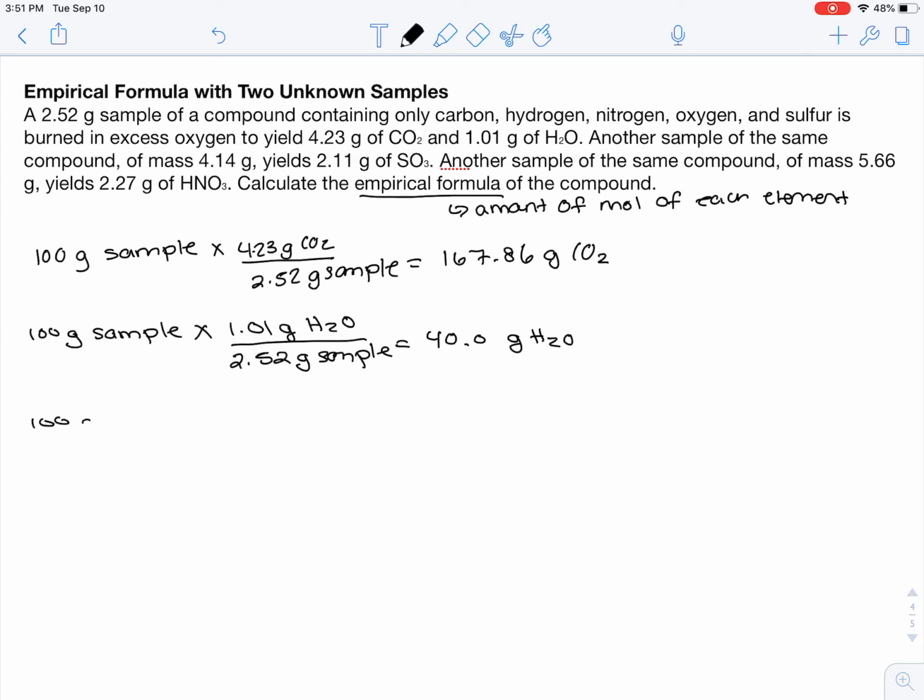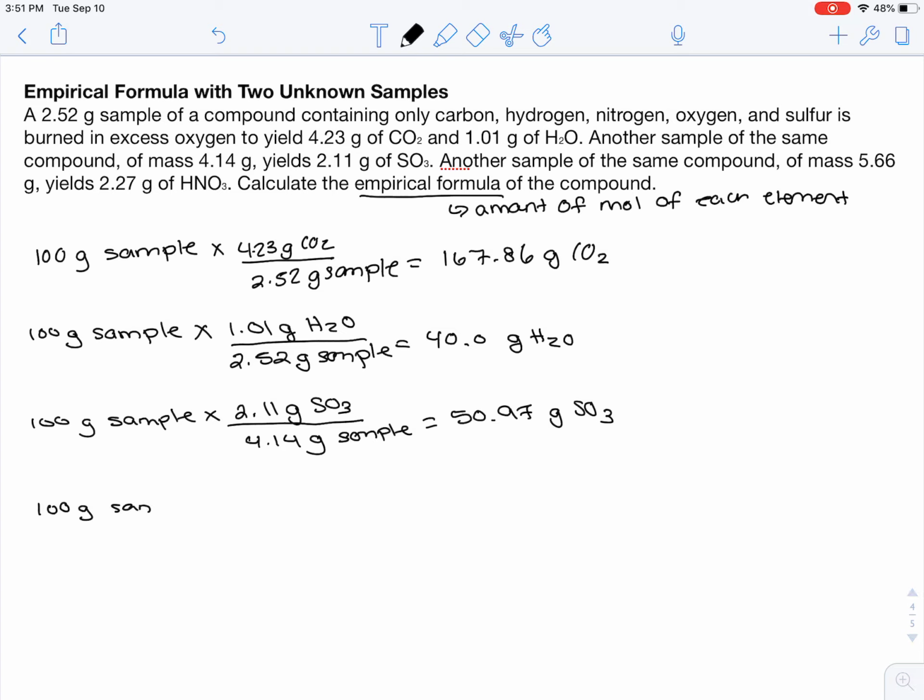Then we have 100 grams of the sample times 2.11 grams of sulfur trioxide over 4.14 grams of that sample, 50.97 grams of sulfur trioxide, and then lastly 100 grams of sample times 2.27 grams of nitric acid divided by the amount of that sample, which is 5.66 grams. And that comes out to be 40.11 grams of nitric acid.